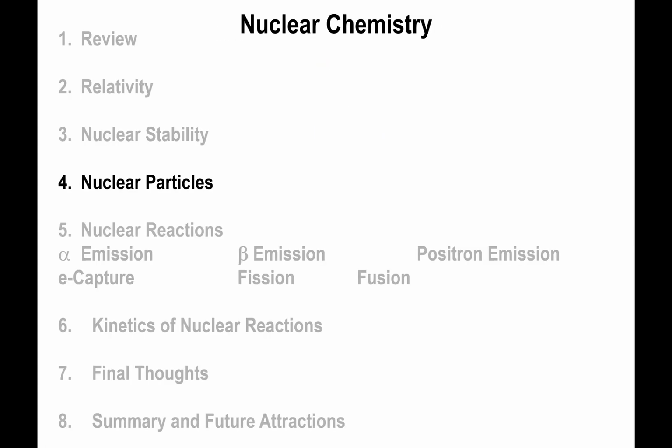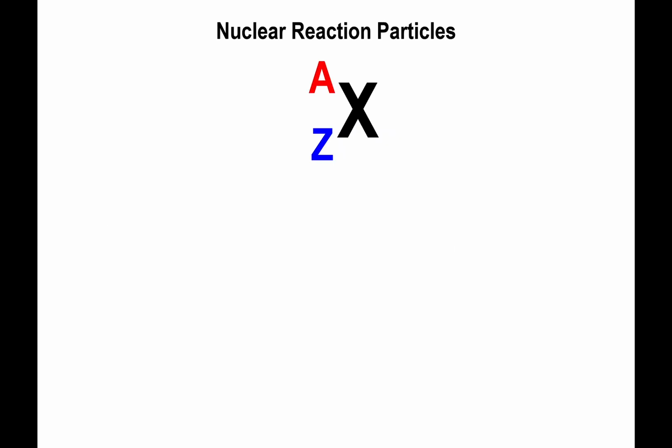All right, so now let's take a look at the nuclear particles. We're going to follow the same format that I told you for the isotopes. We're going to have an element, except that now, in addition to elements, we're going to have particles represented by the big X. Z is not only going to stand for the atomic number of an element, it will also stand for the charge of the particle.